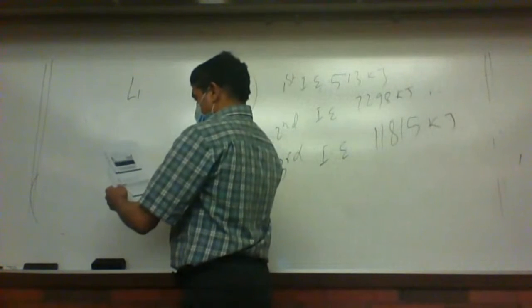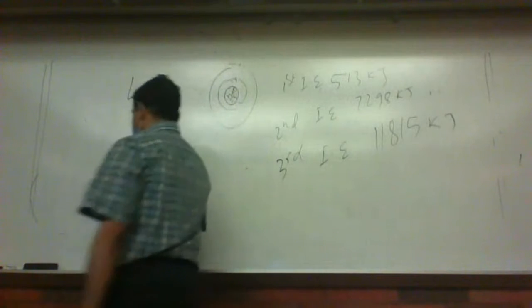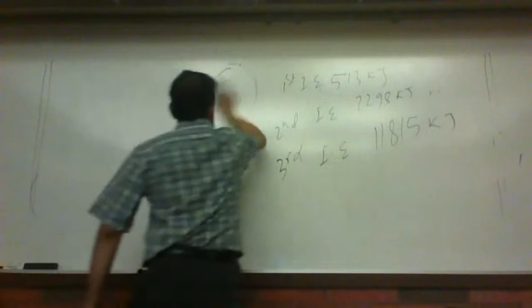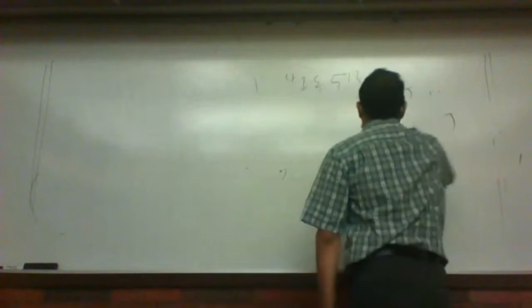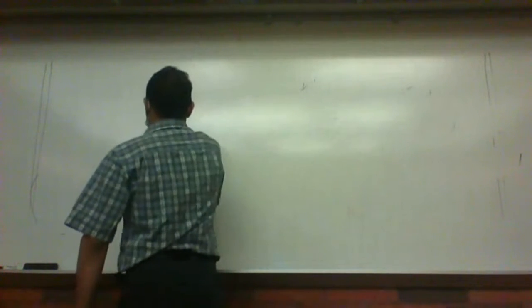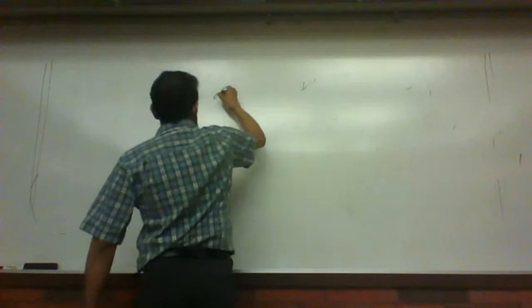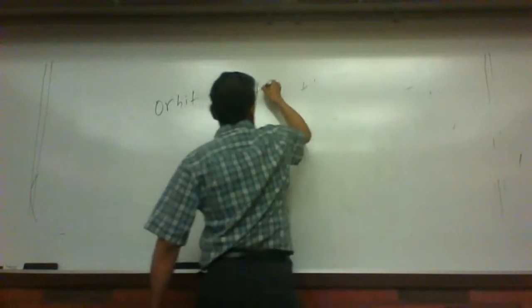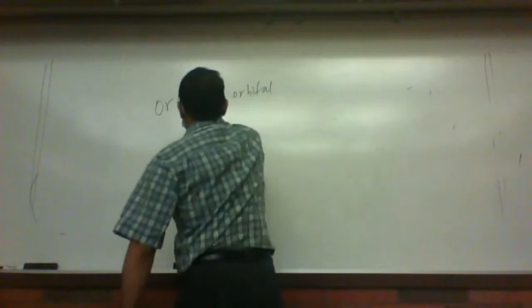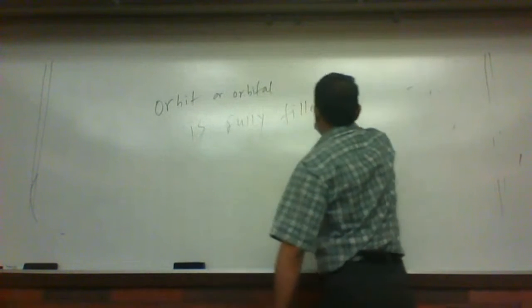Now, there are a couple of things. It is very hard to remove the electron if the orbit or orbital is half filled or fully filled.